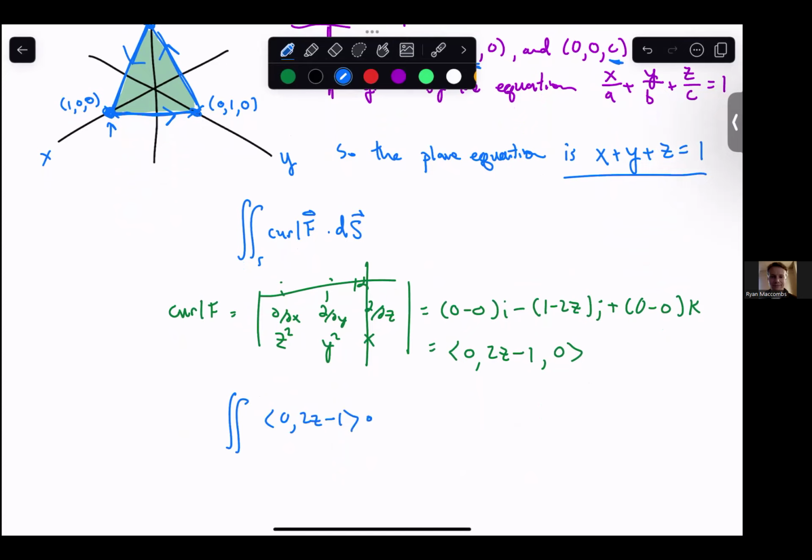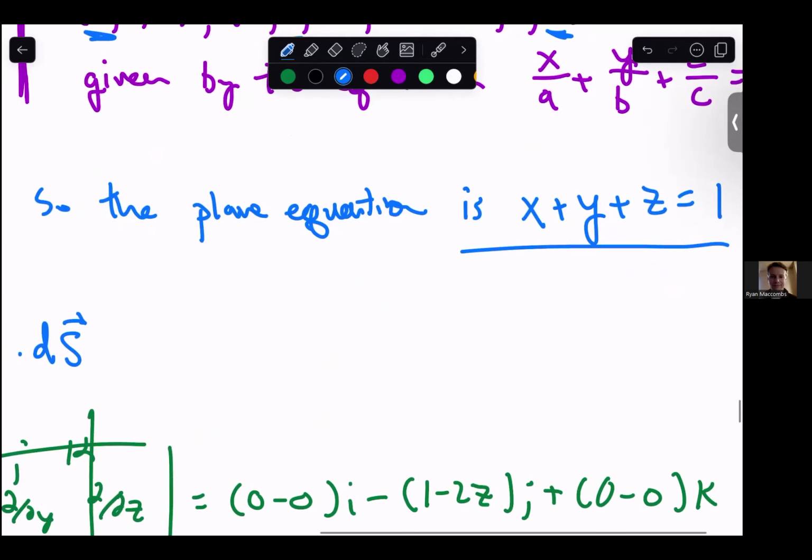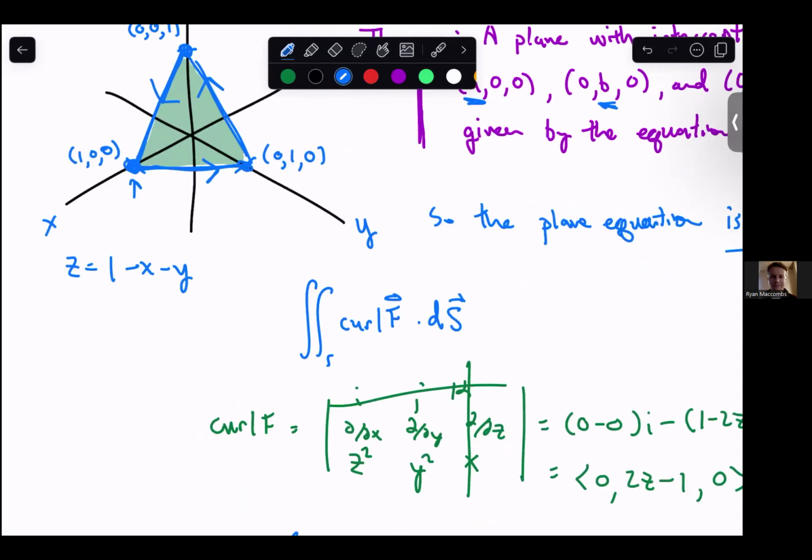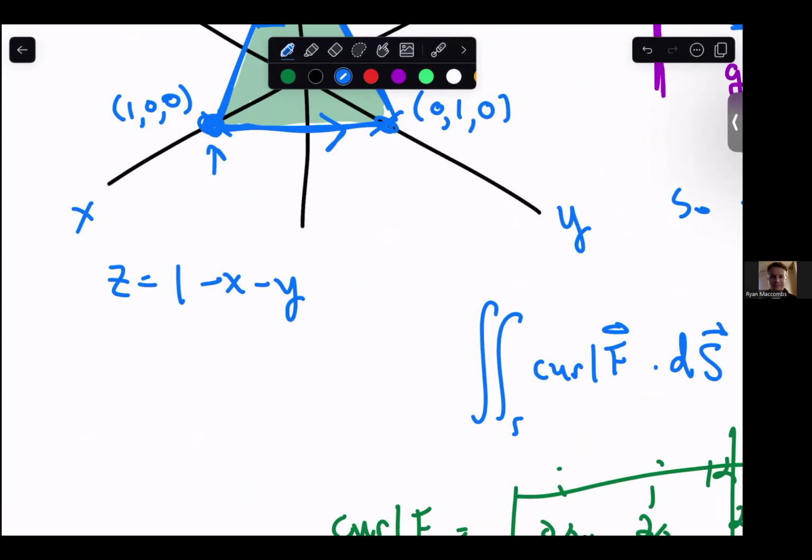And then remember, we need to dot product with a normal vector, right? This dS has a normal vector. And so when I look at my surface equation here, I need to get this as z equals. So z is equal to 1 minus x minus y. And then if I have z equals, the normal vector is going to be given by plus or minus, and in the first component, we have a partial derivative with respect to x.